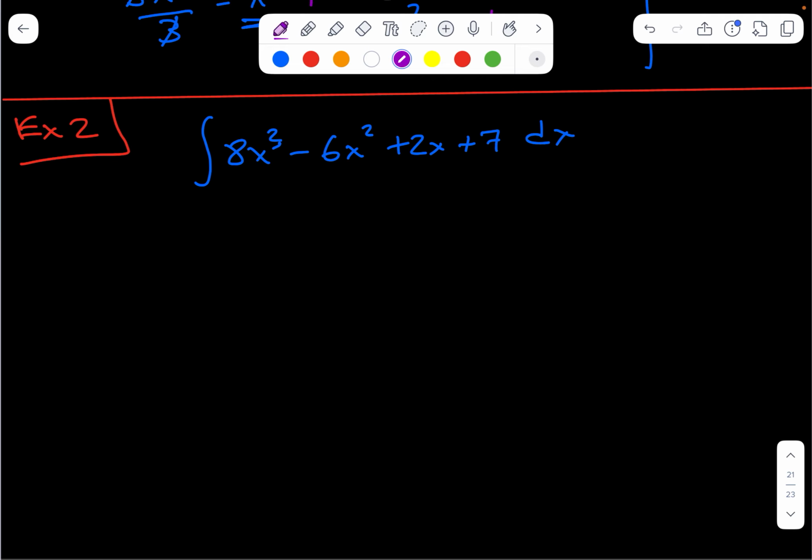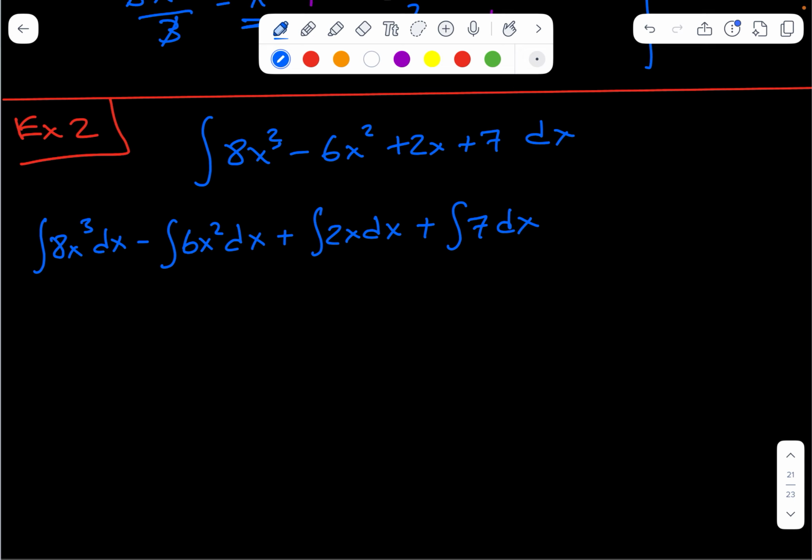Remember, then we can rewrite this as integral of 8x cubed dx minus integral of 6x squared dx plus integral of 2x dx plus integral of 7 dx. I'm going to write my little lines. You don't have to do these lines, but this just helps me to stay organized.